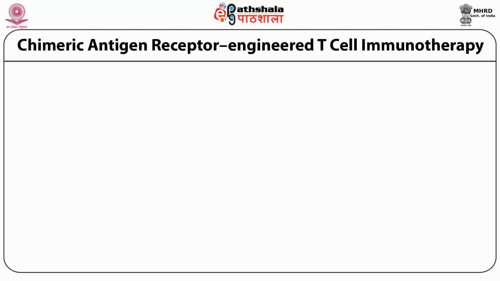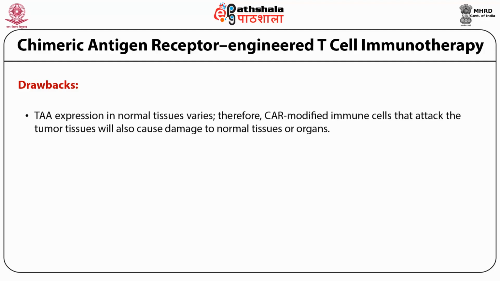However, there are drawbacks of these chimeric antigen receptor engineered T cell or cellular therapies. What is the drawback? The tumor associated antigen expression in normal tissue varies. Therefore, CAR modified immune cells that attack the tumor tissue will also cause damage to normal tissues or organs.